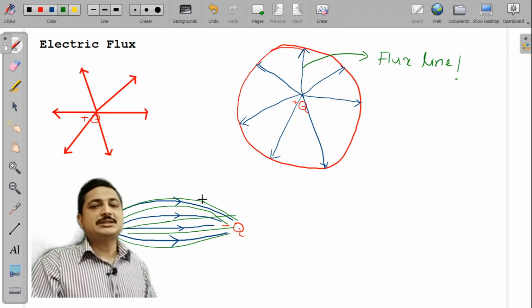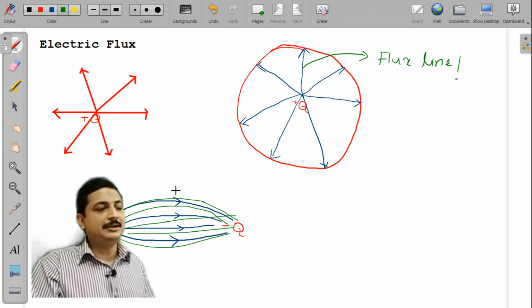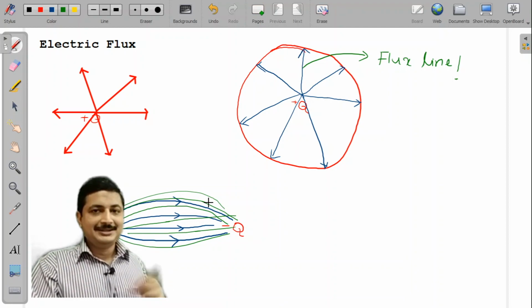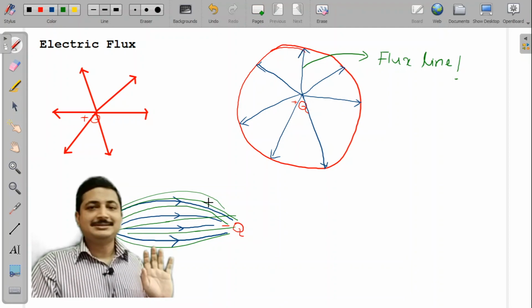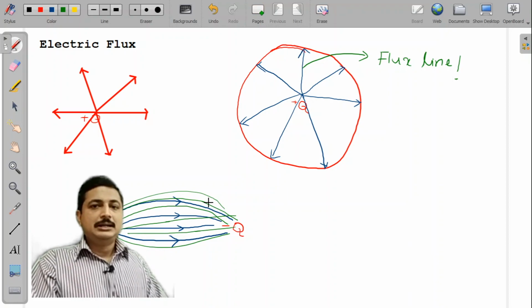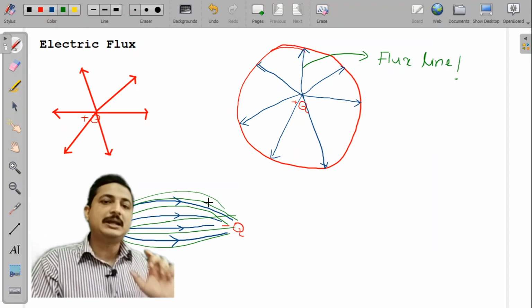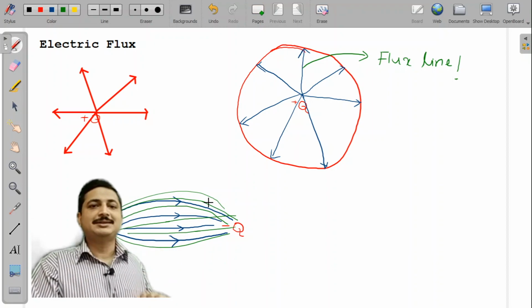This was also explained by Faraday. What he told is, if there are more and more lines from plus q, what are these lines actually? Who drew them for us? These are imaginary lines. They are not real lines. Such lines do not exist. They are drawn by us for representation, for explanation.